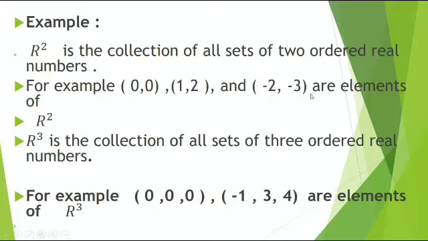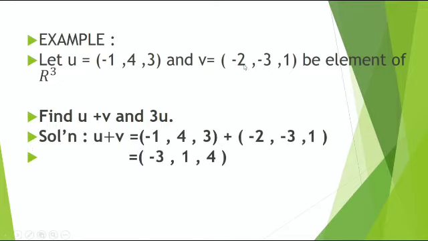Another example in R^3, with three vector components. Let u = (-1, 4, 3) and v = (-2, -3, 1) be elements of R^3. The question is to find u plus v and 3 times u.